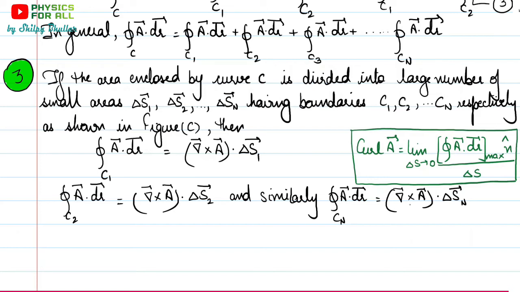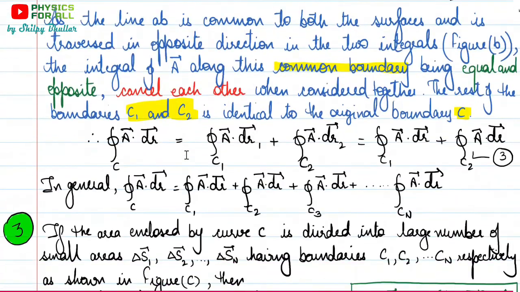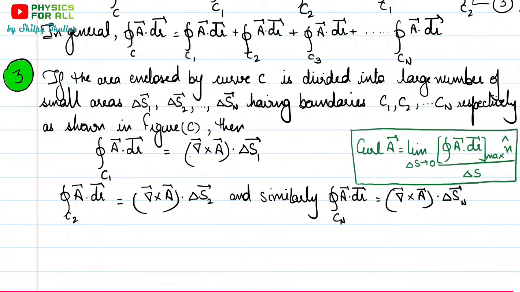But what if we consider the entire region? Ultimately we want to know the answer for the entire region. You can see here we are concerned with this entire surface S, and we want to know the value around this entire curve. Even if we have divided it into many surfaces and thus obtained a number of boundaries, ultimately we are concerned with the entire region, because that is the chosen region where we want to find the value of vector function A. So in that case, we have to simply add them up.